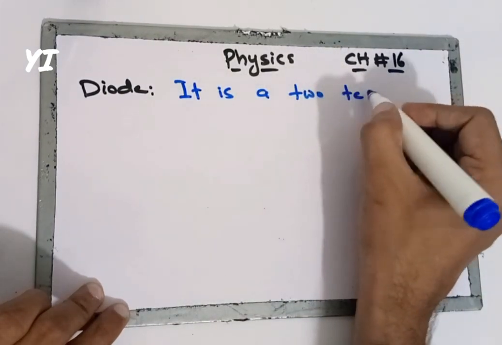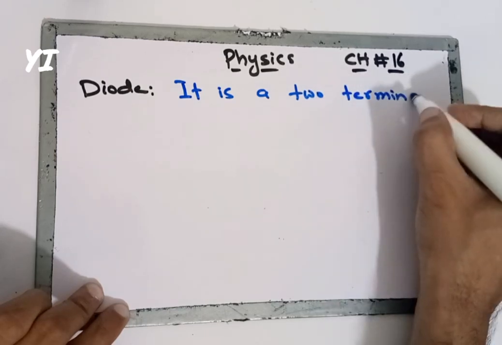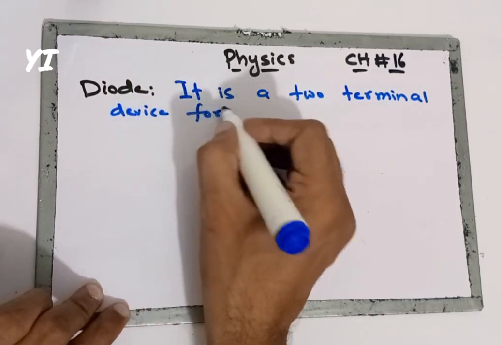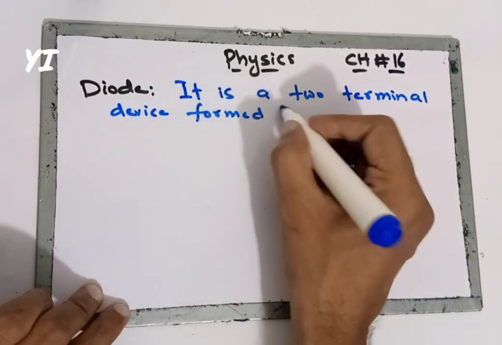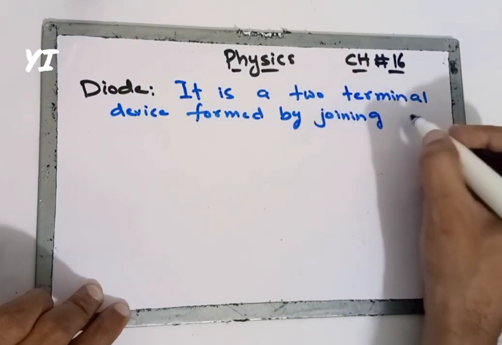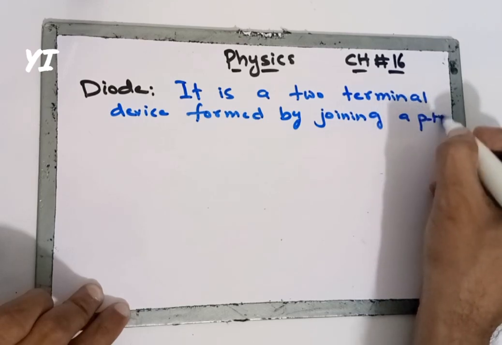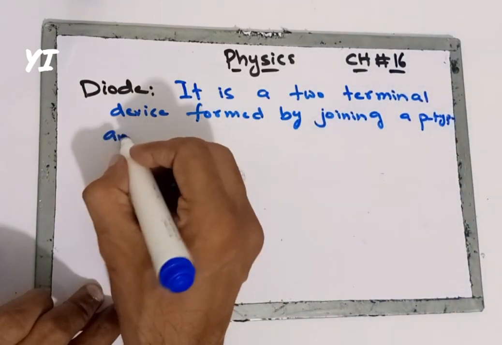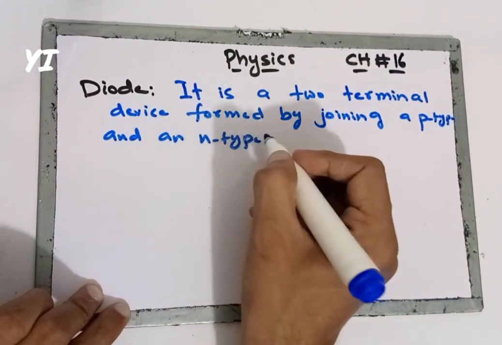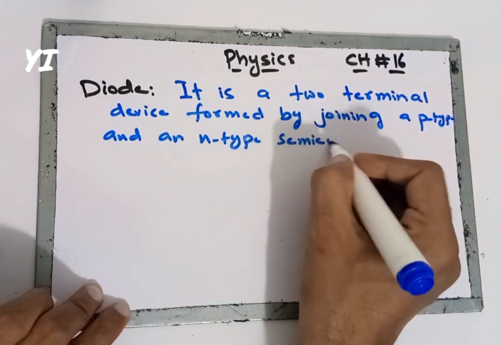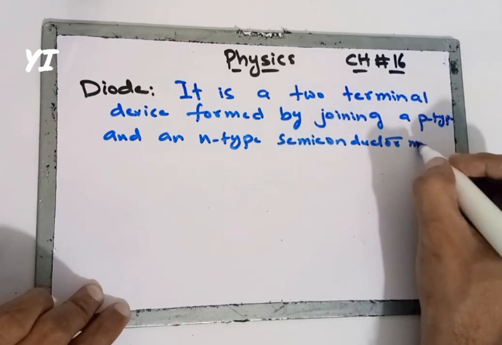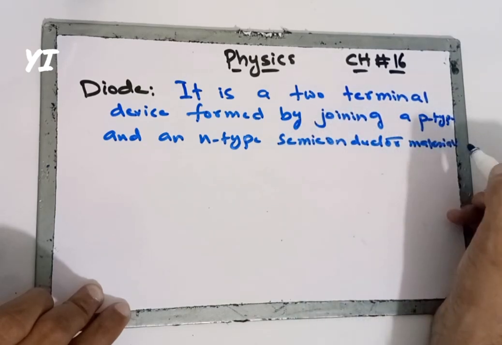a two-terminal device formed by joining a p-type and an n-type semiconductor material.